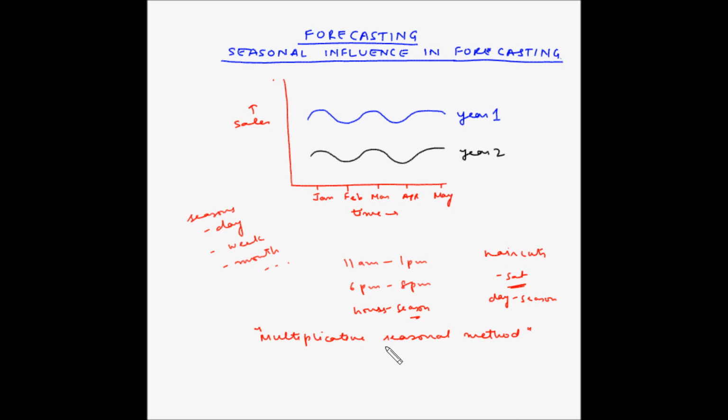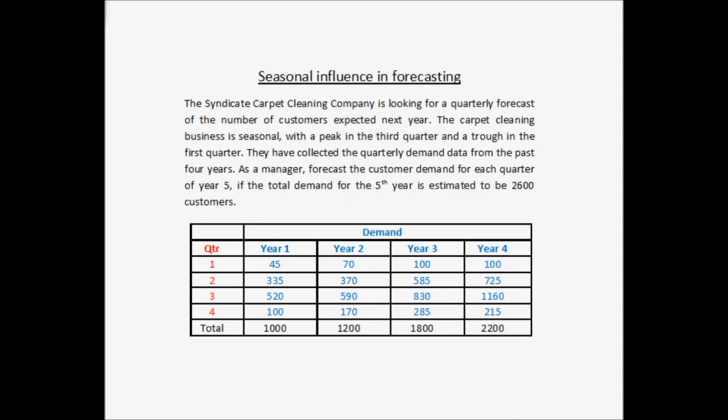I'll repeat again. The seasonal factors are multiplied by an estimate of the average demand to arrive at a seasonal forecast. Let's take an example to understand this in detail.